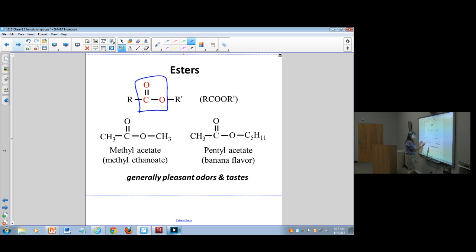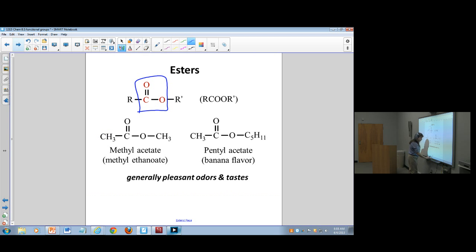Anyway, you'll see these are named kind of funny. For example, this is the methyl, and then here is, oops, that's not the methyl.